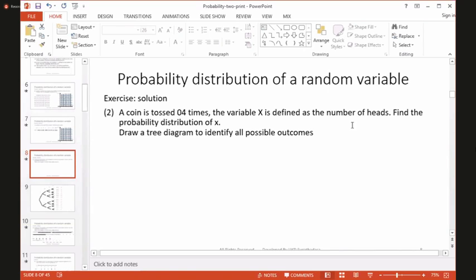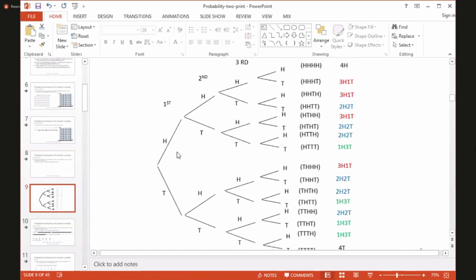If you find it difficult to find all possible outcomes, just draw the tree diagram. Remember, this is a tree diagram. Normally we show it, and maybe this also may not be included in your presentation. I think I will be able to send everybody the latest version.